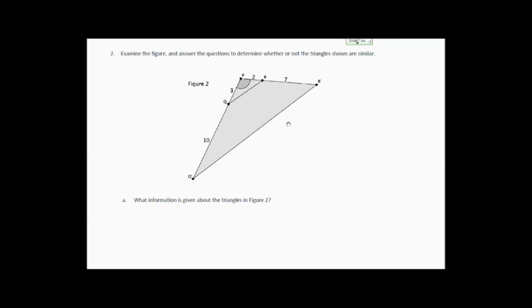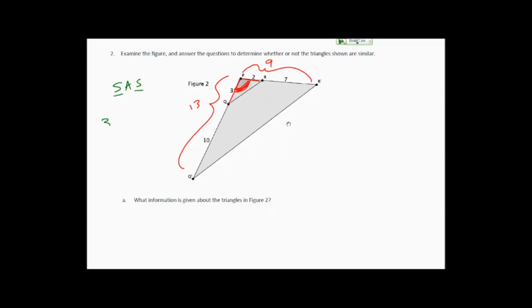Let's next look at number 2. So again, we will look at the figure, and hopefully you see a side, an angle, and a side, which is 13, an angle by the reflexive property, and a side that is 9. So if these are similar, it'd be by the side, angle, side similarity criteria, but we must check the sides.